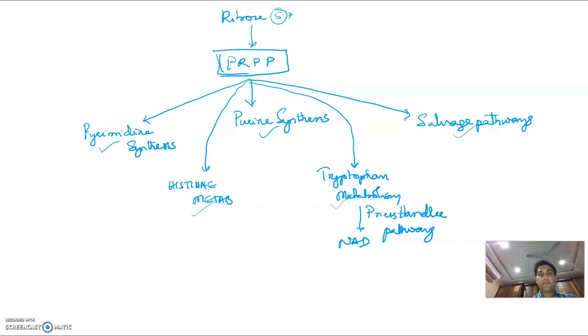All right. Now let us look at how this PRPP enters the purine synthesis pathway. PRPP, phosphoribosyl pyrophosphate. We'll just look into structures. No harm in spending some time to understand a few things.